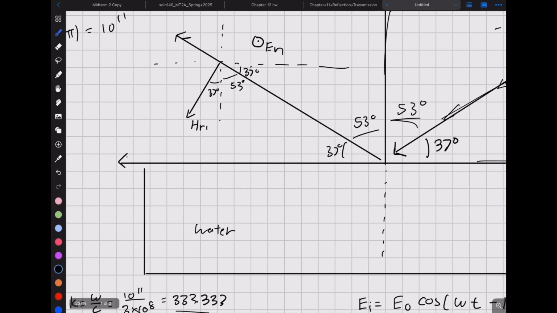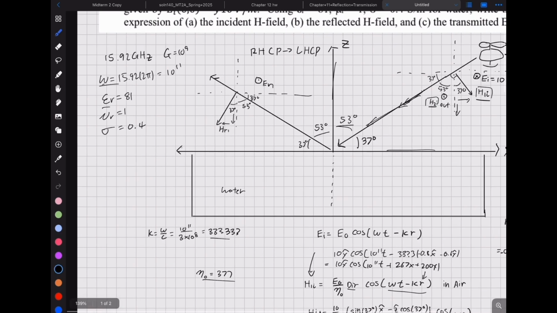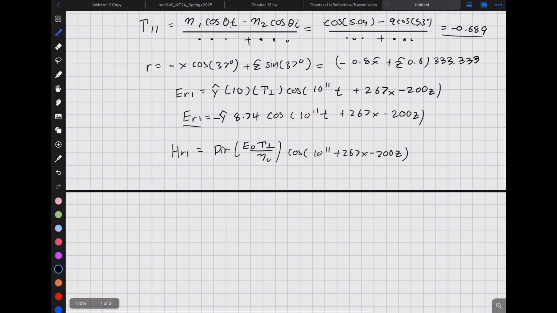So we have 37. So we're going to use trigonometry to find these angles here, to find the x and y component. So our HR1 is going to equal negative x sine of 37 minus z cosine of 37. And then we're going to have our eta naught and gamma.